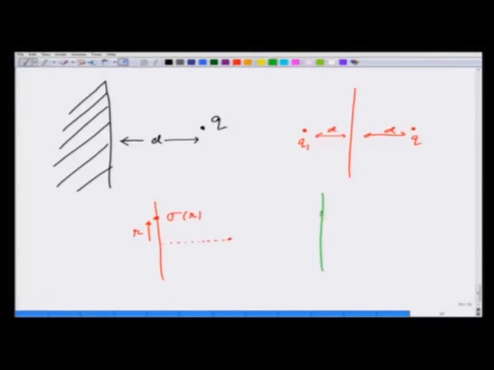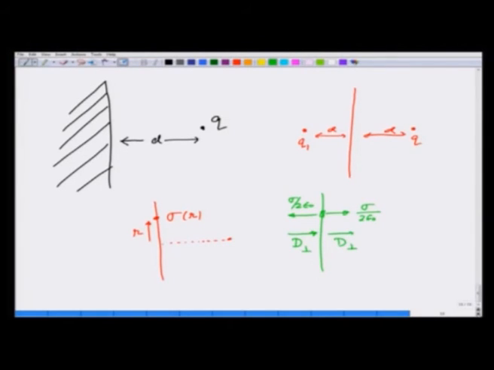The sigma r out here will give me a field in this direction, sigma over 2 epsilon 0, and in this direction sigma over 2 epsilon 0. All right, and the boundary condition should be that D inside should be same as D here, the D perpendicular to the surface, and we will use that to find sigma.